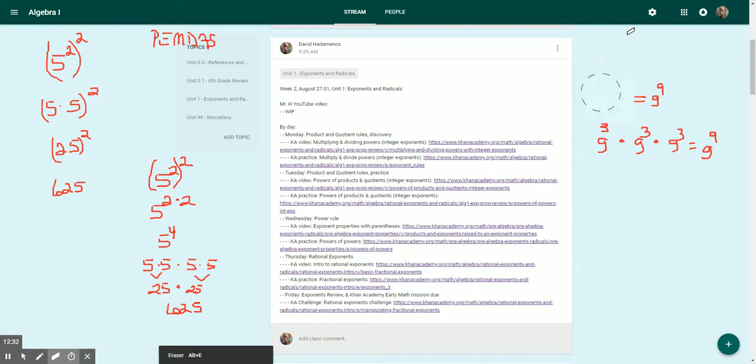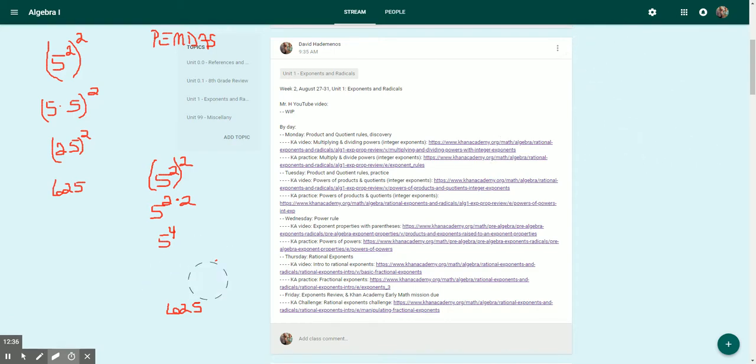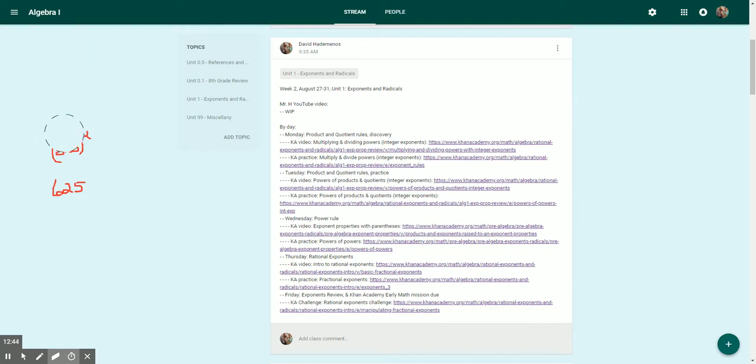And then for rational exponents, it's the exact same process, but now we have some fractions in the mix, or decimals. The mechanics are the same.